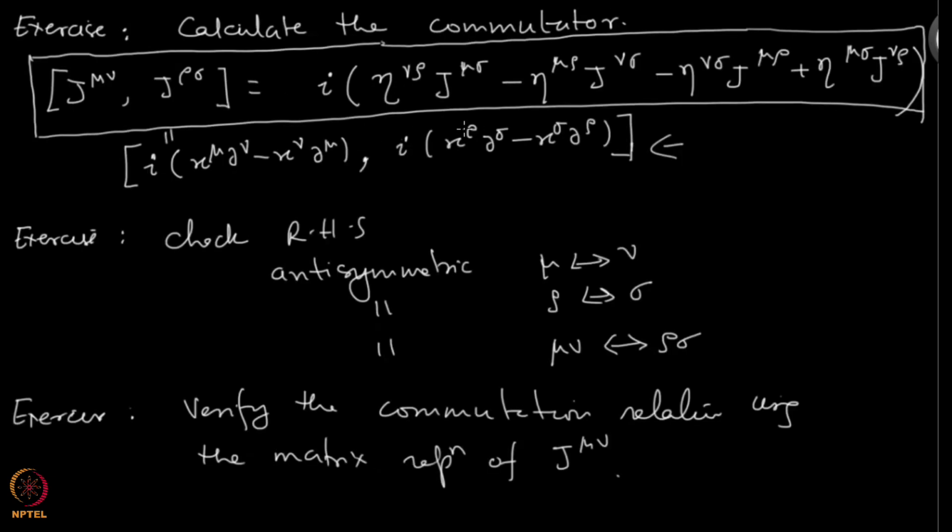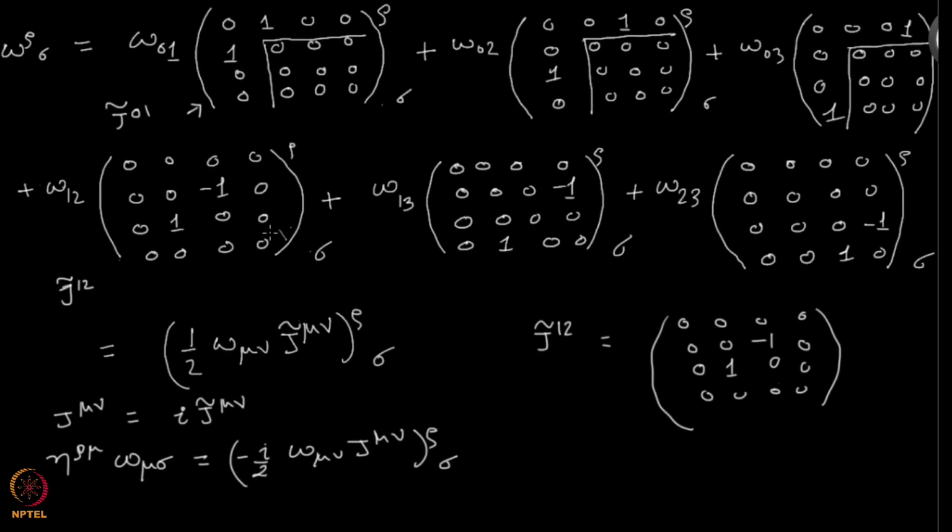Let us go back. So, what I am saying is, if I put ω_12, ω_13 and ω_23 to be 0, then you are left with only these 3 parameters. If we keep them non-zero, then you see this mixing is between the time component and the x component, this is the time component and the y component, and this one is the time component and the z component. Okay.